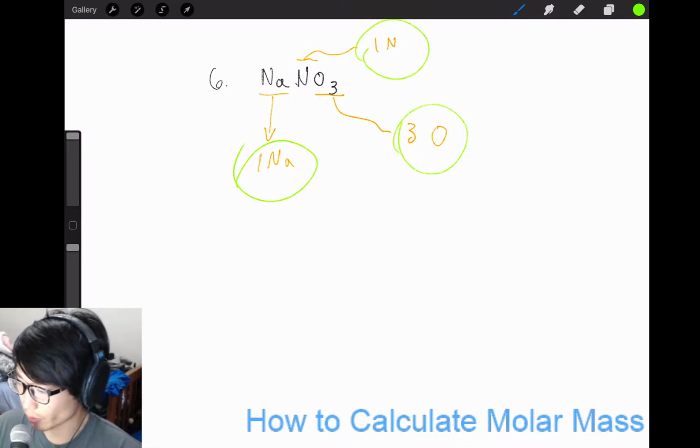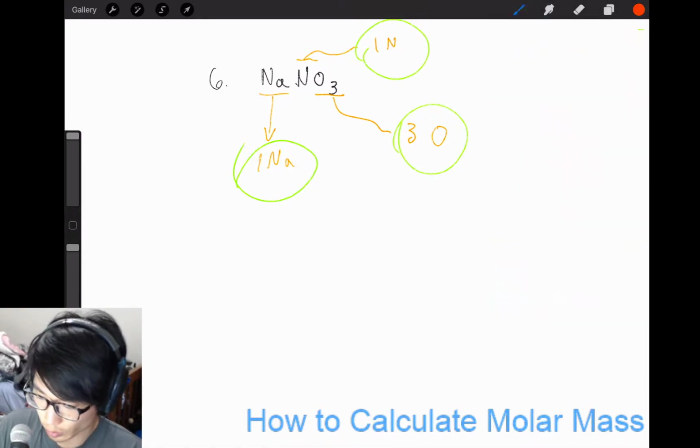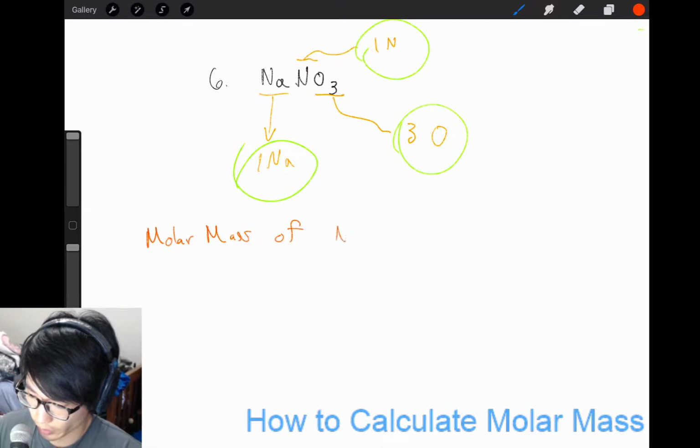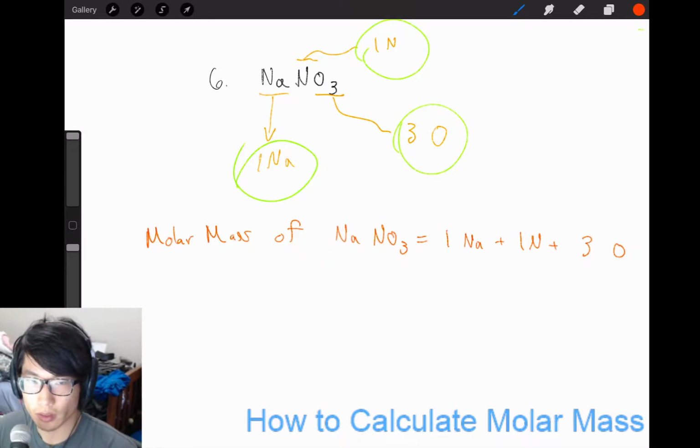So to calculate the molar mass, like we did last time, we're just going to add all of those things up. So my molar mass of NaNO3 equals 1 Na plus 1 N plus 3 oxygens.